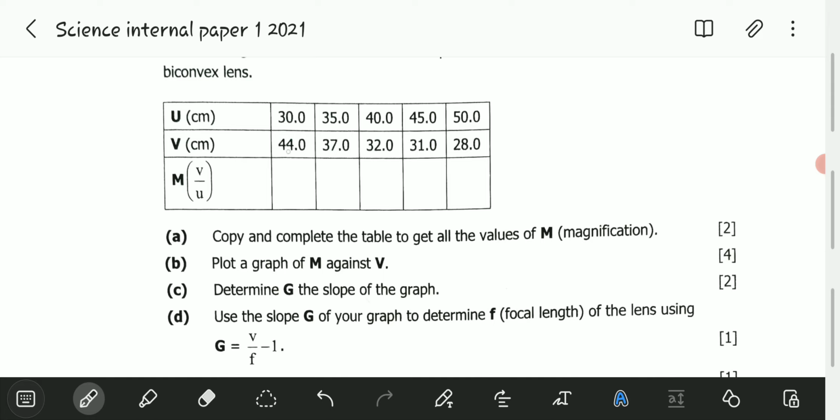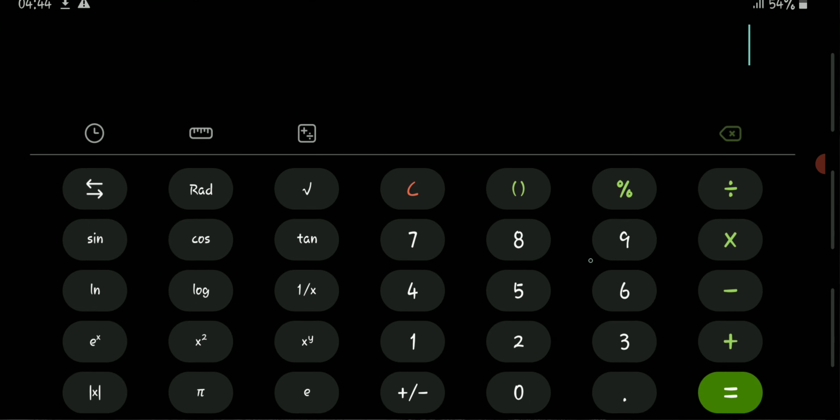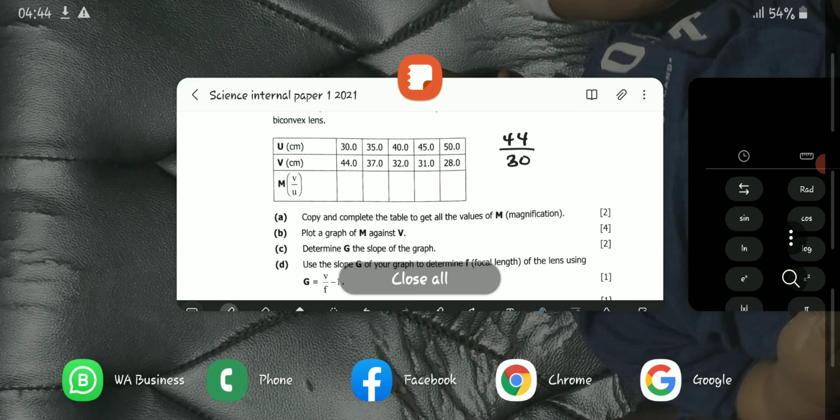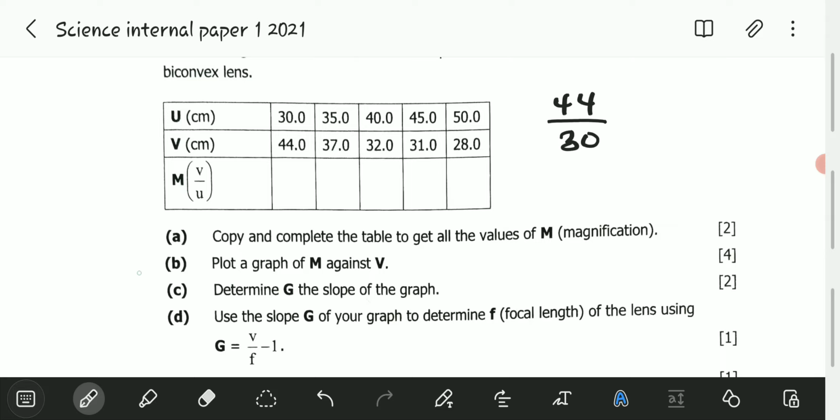So we're going to start. The first value will be 44 divided by 30. So what is 44 divided by 30? We have 1.46667. Our graph at some point will be required to plot, as you can see there is part B, which is plot the graph.